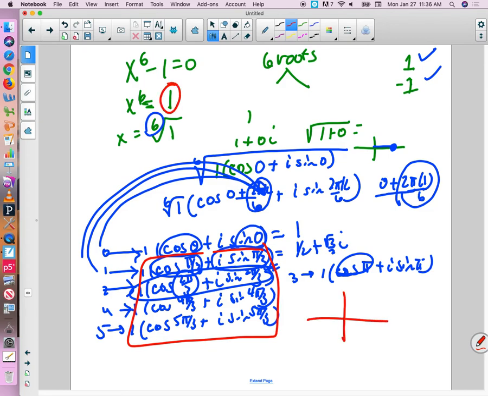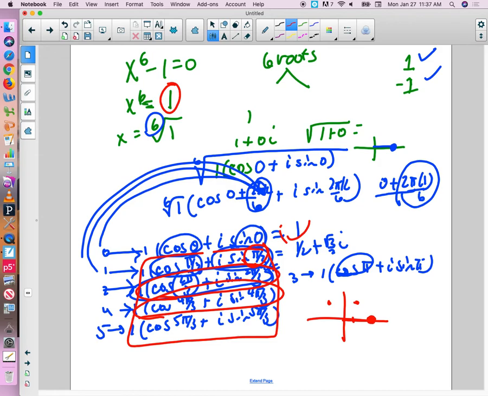If I graph them like Zana was asking, I would start out here at 1. Every pi over 3 radians, I would have another one. And so this one, if I go out 1/2 and up square root of 3 over 2, I have another one. And then if you figured out what this one would be, it'd be in the second quadrant. The 4 pi over 3 one.